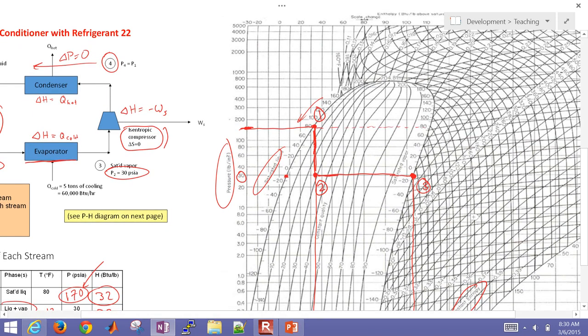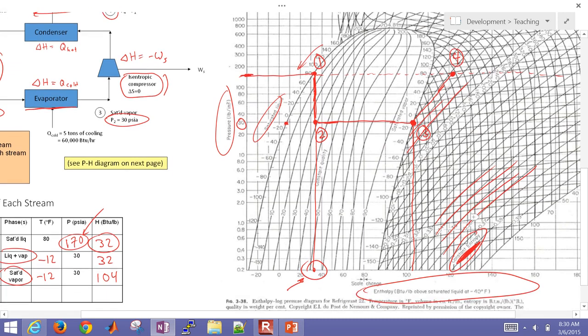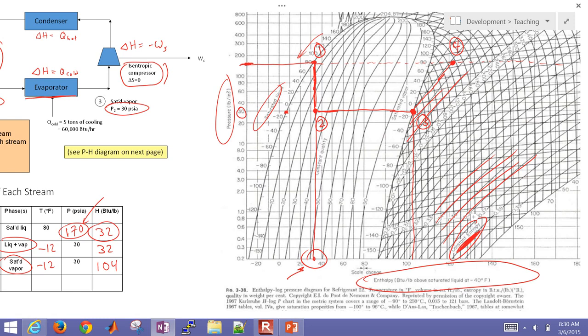Okay, so it's going to be somewhere along this line, but I also know that I have to follow the constant entropy line. Okay, and so these are all the constant entropy lines that are going up, and if I come up to this point and I just trace that up, I'm going to hit my point number 4. Okay, so that's point number 4, and then I can get the enthalpy, the temperature, and the pressure.